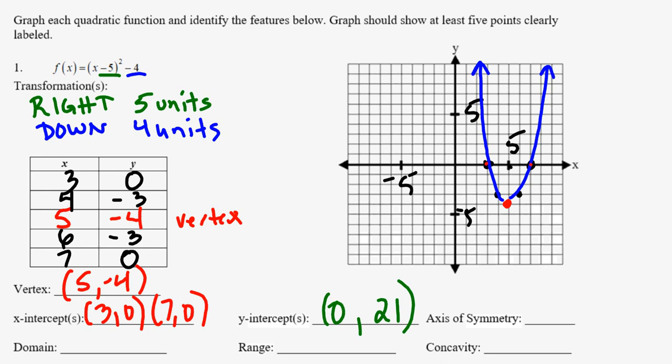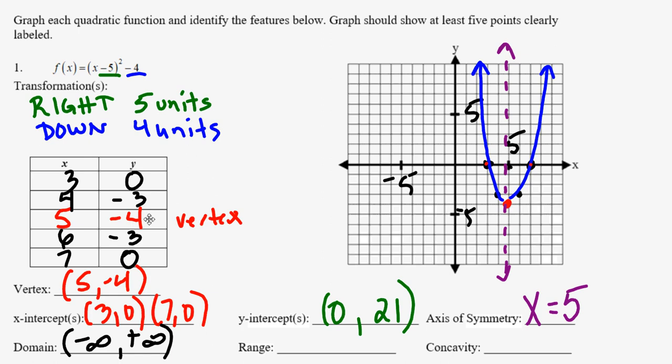We talked about before the mirror image here, the axis of symmetry, x equals 5. We know the domain for our function is always the same for every quadratic, negative infinity to positive infinity, no restrictions. And the range is a different story. Again, we're going from lowest to highest. Our lowest y value here happens at the vertex, so that's at negative 4.